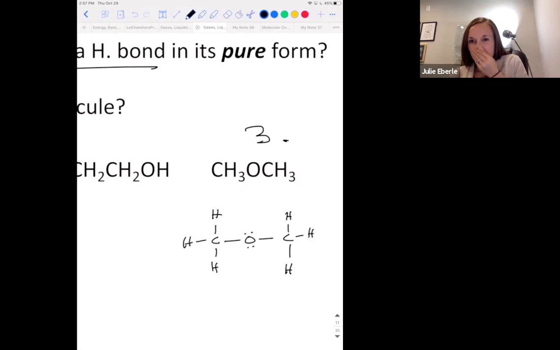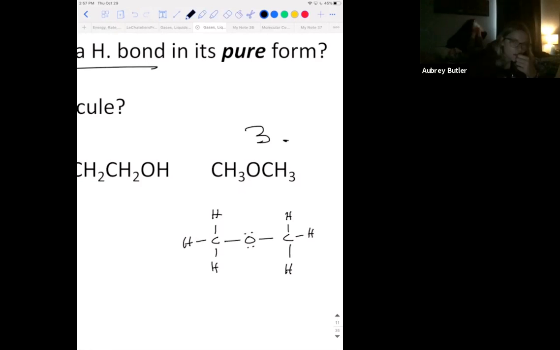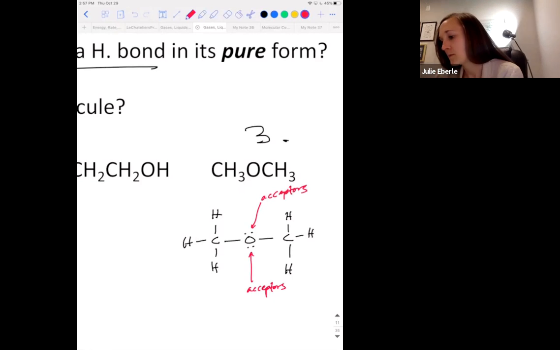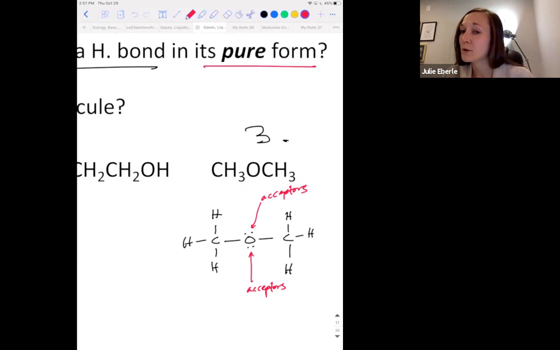Acceptors? Yes, where? On oxygen. We've got two, one right here and one right here. These are acceptors. So it cannot hydrogen bond in pure form. Answer to that question is no, all right?